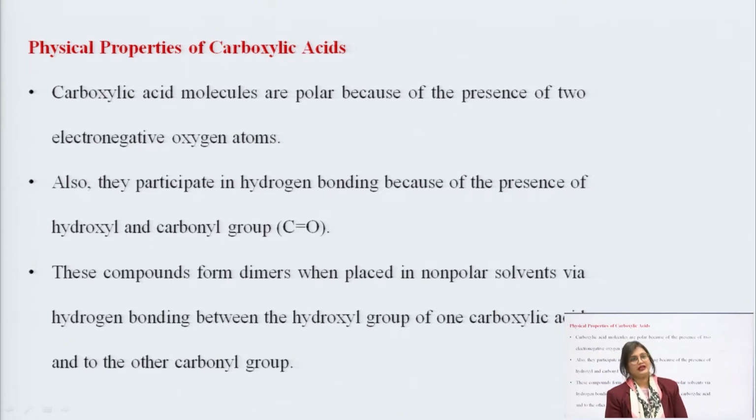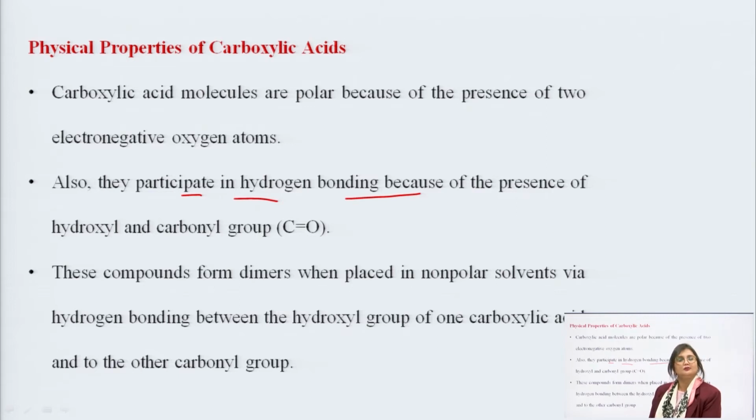Also, they participate in hydrogen bonding. They actively participate in hydrogen bonding because of the presence of the hydroxyl group and the carbonyl group. So, apart from being polar molecules, carboxylic acids also participate in hydrogen bonding.